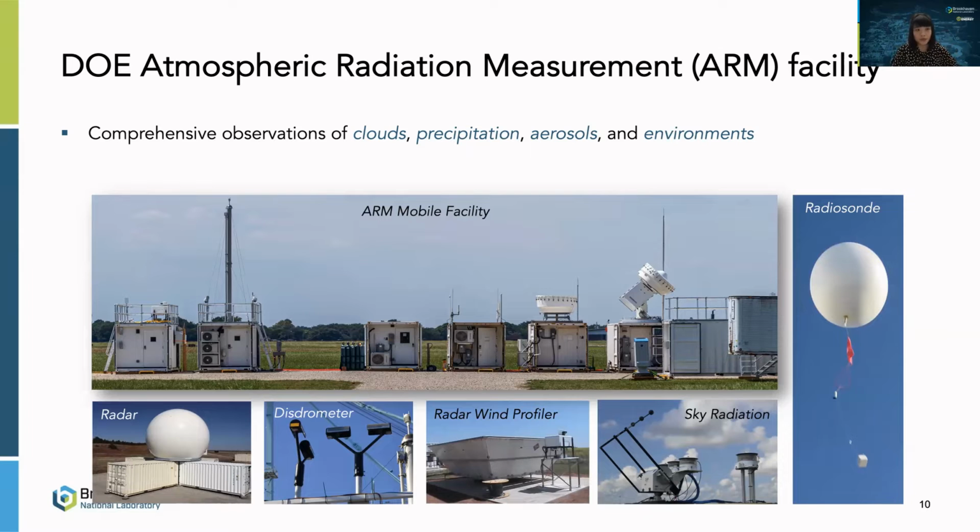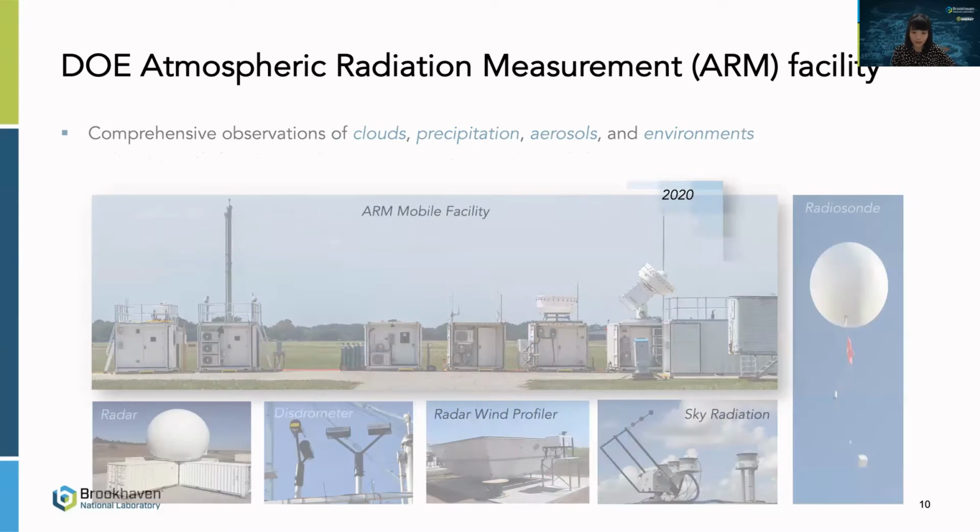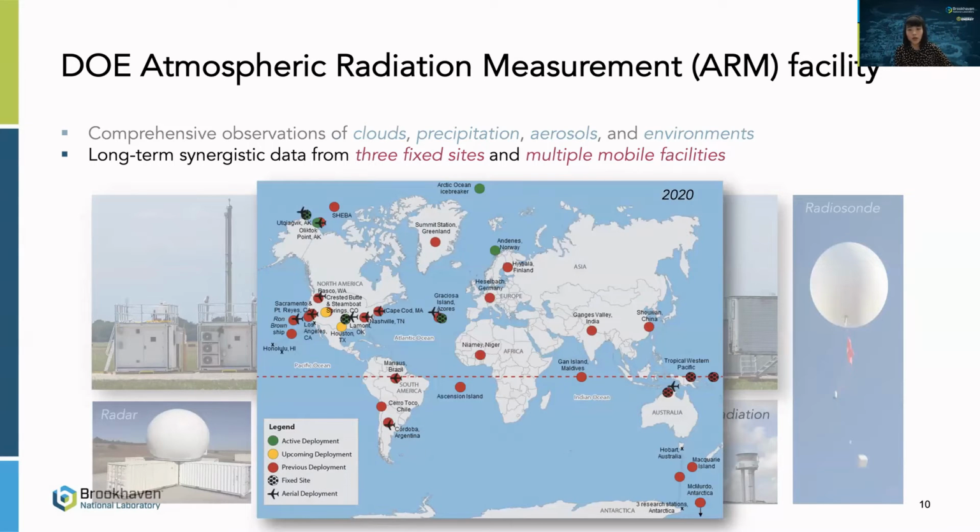It provides comprehensive observations of clouds, precipitation, aerosols, and the surrounding environment. And not only do we have such a great data set and instrumentation, but we have those at a wide range of locations. This map shows you all the places that ARM has been to in the past. And this map is a bit outdated.